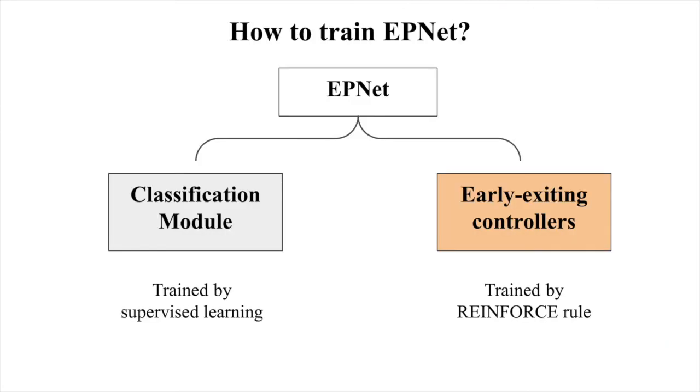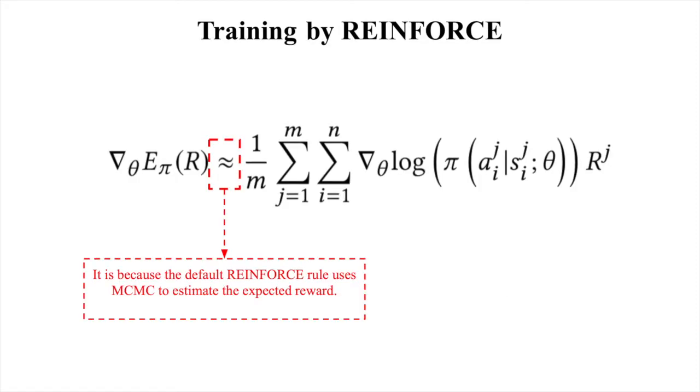The classification module can be trained as supervised learning, and for the early exiting controllers, it has a non-differentiable component, so we must train it by the REINFORCE rule. Our training method is slightly different from the vanilla REINFORCE algorithm. The gradients calculated by the REINFORCE rule usually have high variance.